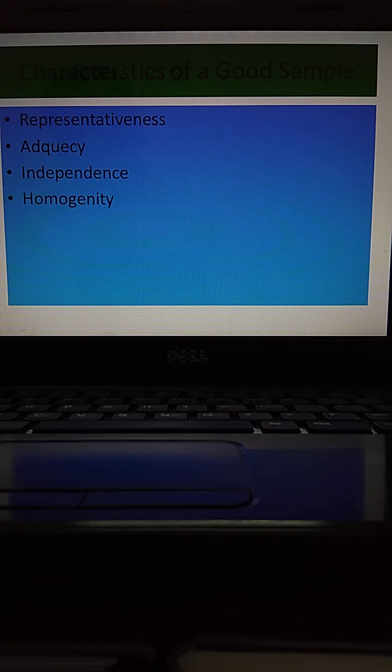Understand? If heterogeneity arises, again it leads to distraction as far as data collection is concerned. So, these are the characteristics of a good sample. What are those? Representativeness, adequacy, independence, and homogeneity.